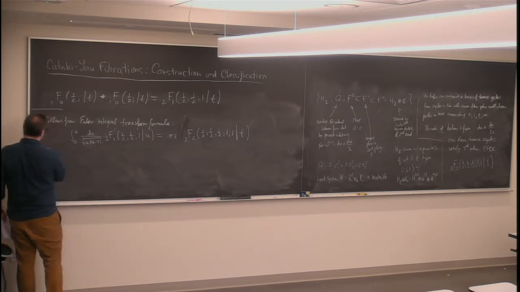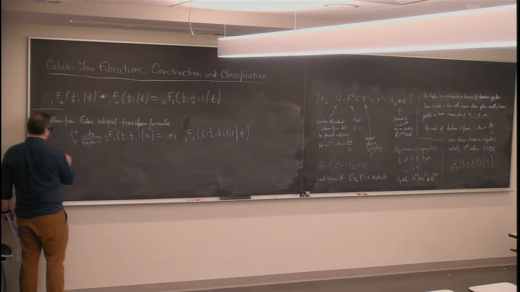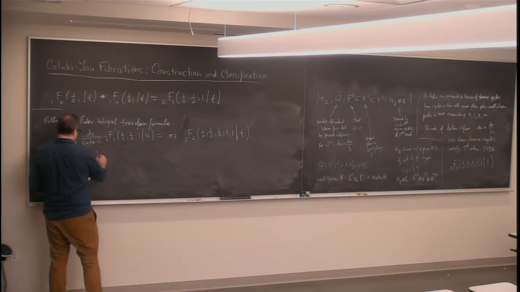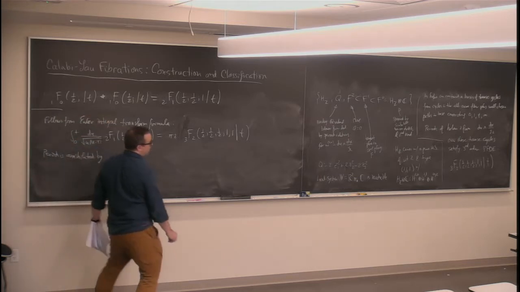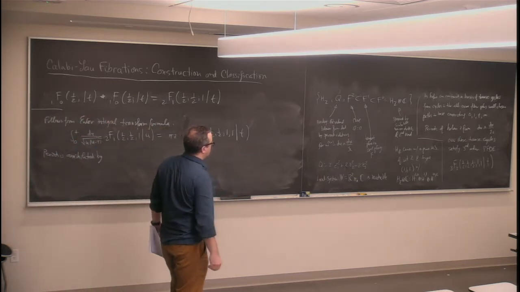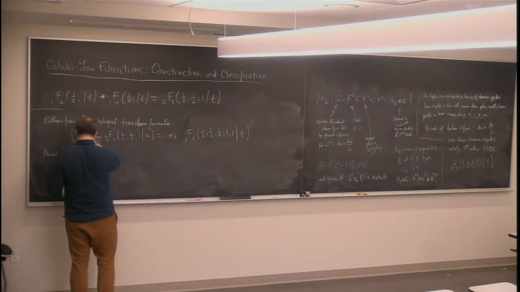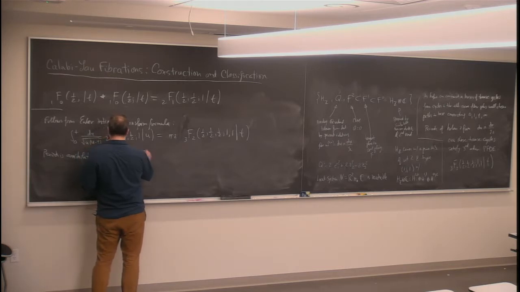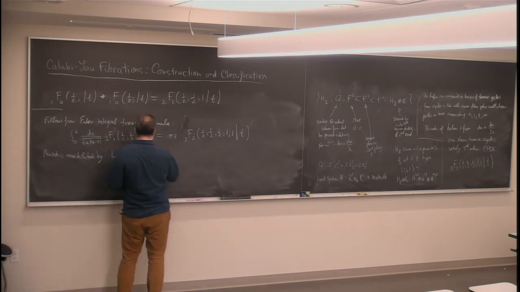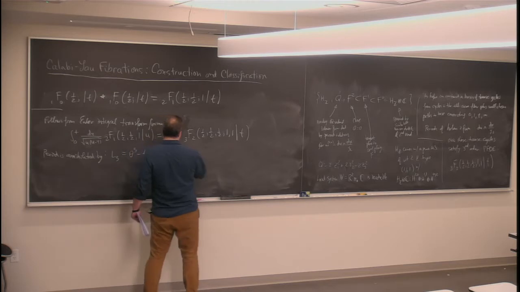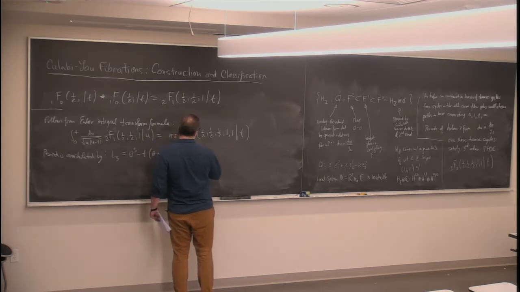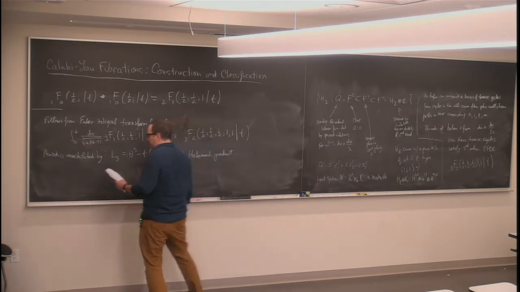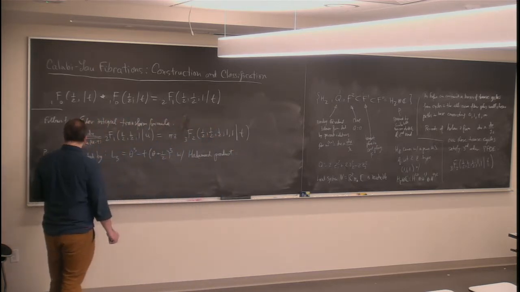Right, and so this period is annihilated by this same equation, okay? So annihilated by L3, theta cubed minus t, theta plus 1/2 cubed, with Hadamard product representation. Okay, so this is kind of fun.